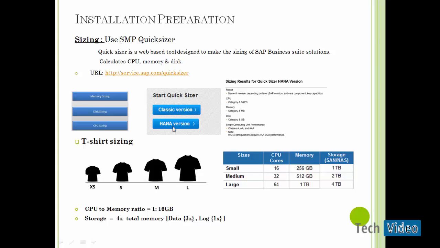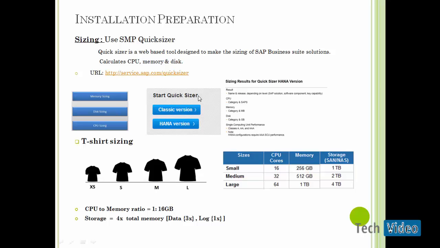So we have to choose the HANA version here and furnish the required details, where we provide the customer number and the product details, and the sizing can be done based on the amount of data or the number of users.